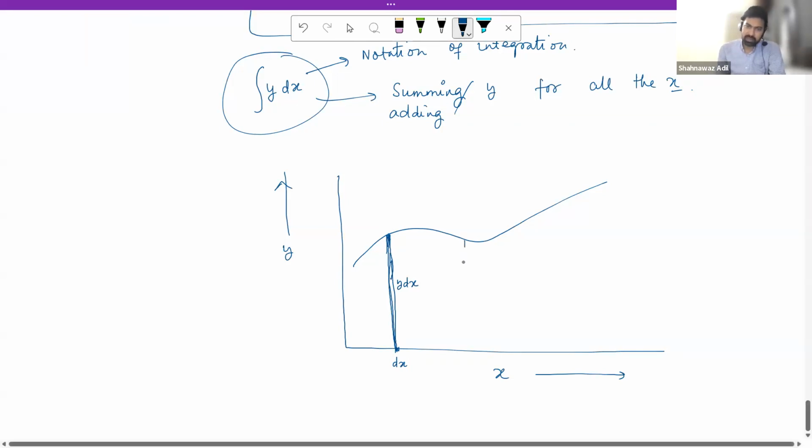And then this part would also be some dx, and again this area would be y dx, right?